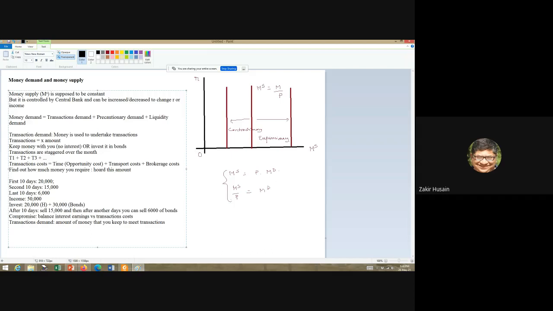On the other hand, if you keep the entire money with you, you hoard it. The advantage is you don't have to incur any transaction cost. Whenever you require money, you just dip into your pocket and pay the person. But you're losing the interest. You could have earned something which you're losing. So what we do is we achieve some sort of a balance between the two.